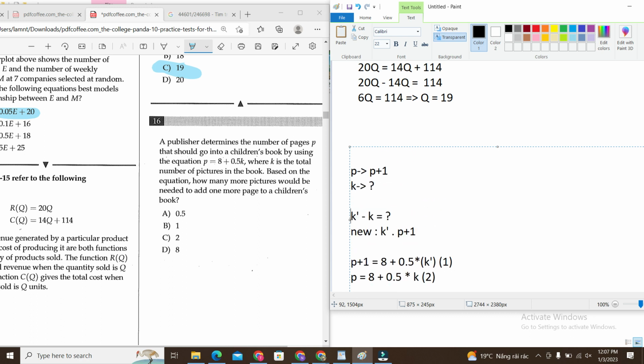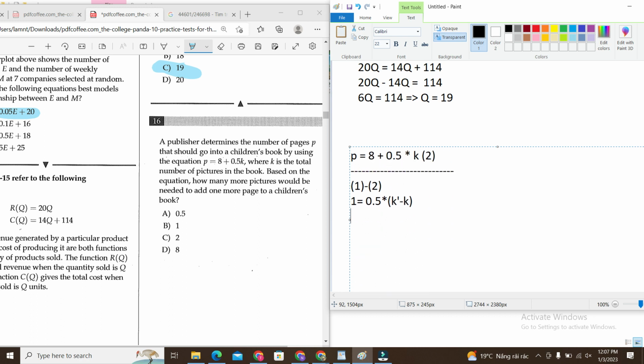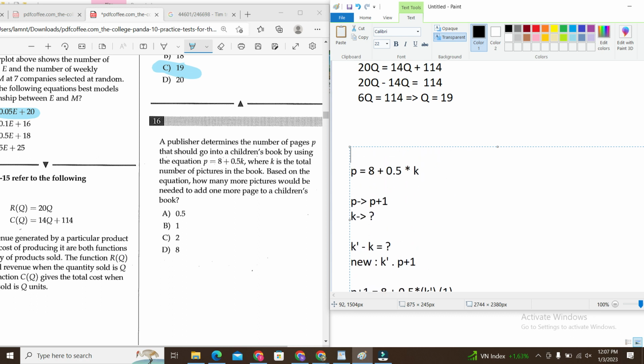What we are asked to find is actually K prime minus K, which can be reduced to 1 over 0.5, which generates 2, right? So 16 is C.